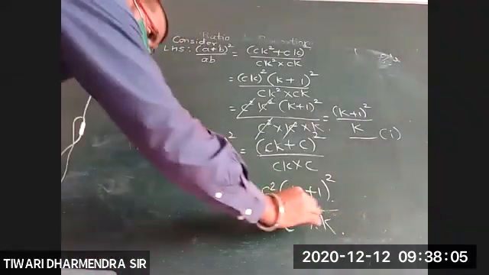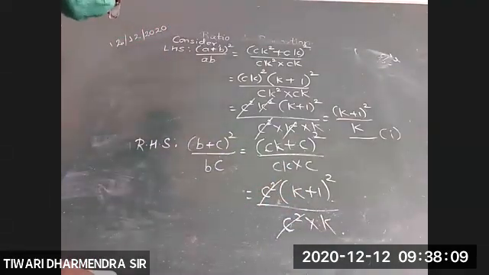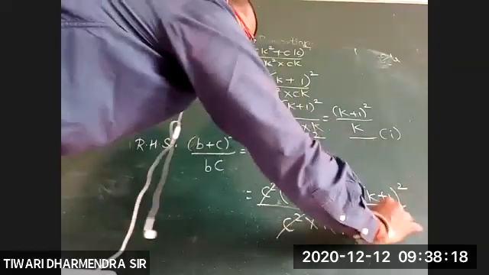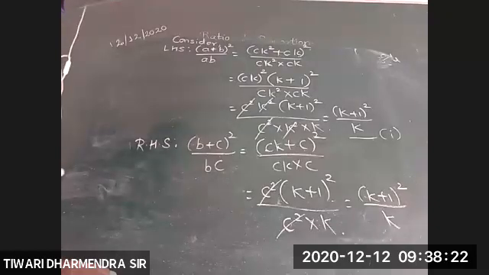So we can see that c square present in numerator and denominator gets cancelled. So what remains is k plus 1 the whole square divided by k. This is my equation number 2.